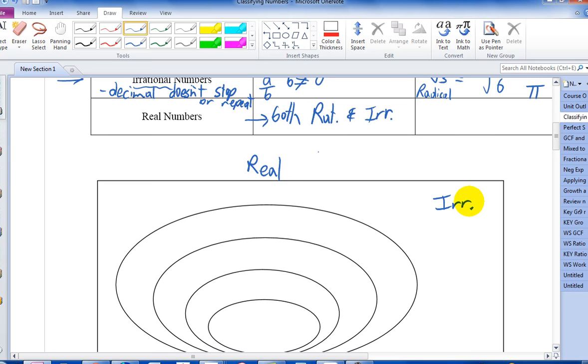Sometimes in math, you'll see a Q with an apostrophe. It stands for Q crazy, because it's irrational. Whereas our rational numbers would just be a Q. So we have Q and Q crazy. You might see it, probably won't. So that's a little bit more than what you need to know.